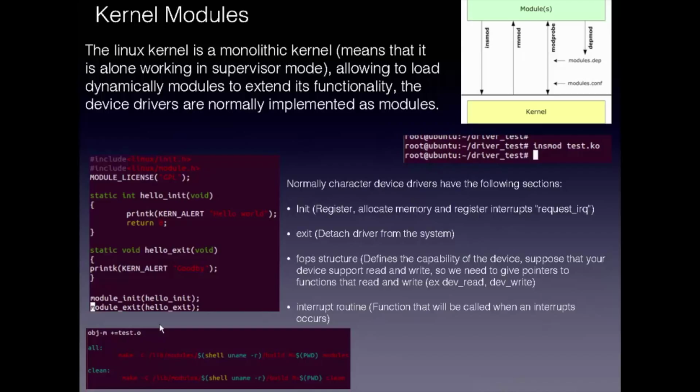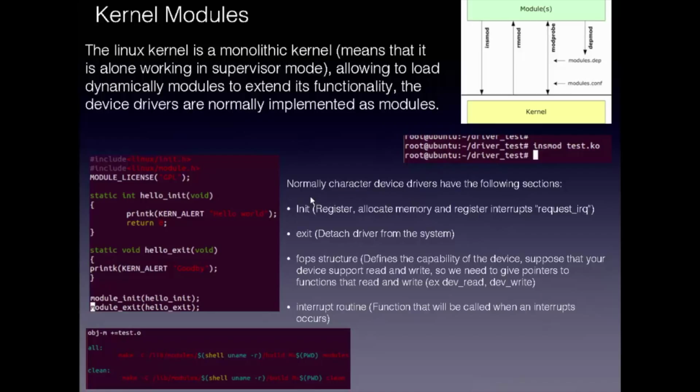As I explained, modules can be thought of like DLLs that you can load into the kernel at runtime. Kernel modules always follow this skeleton: you have a module init and module exit, where you point to the functions that are going to be called when you load or unload your module. Let's call them callbacks, because they are not called directly in your code; they are called when something happens.